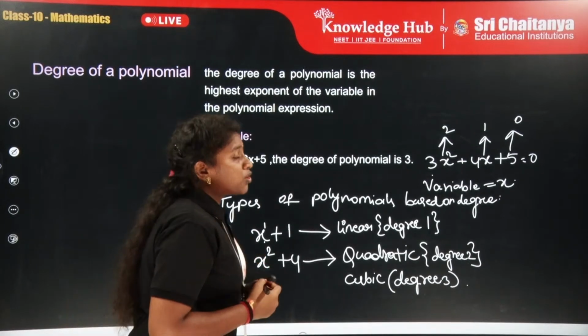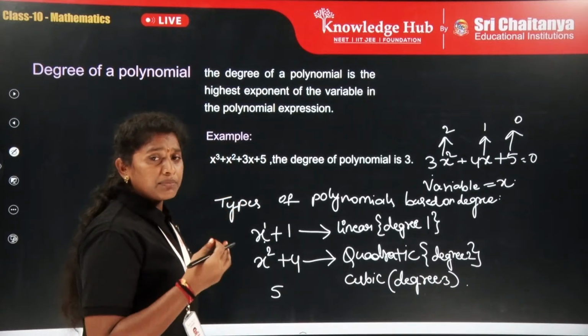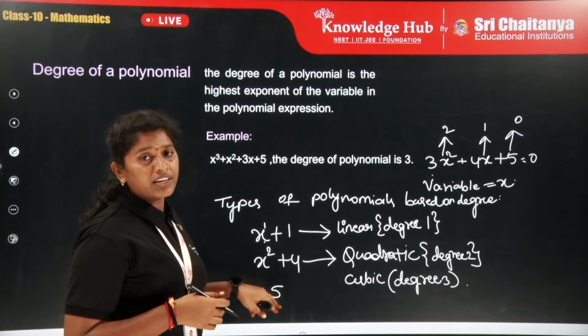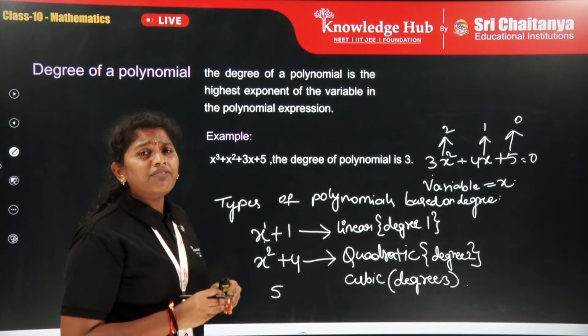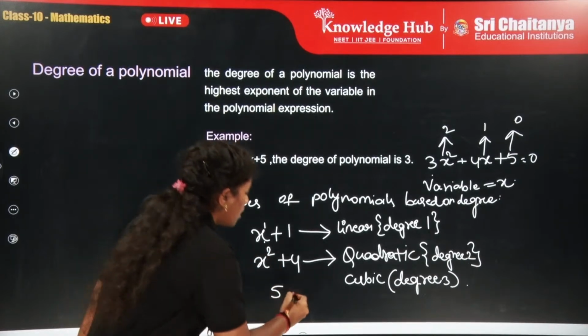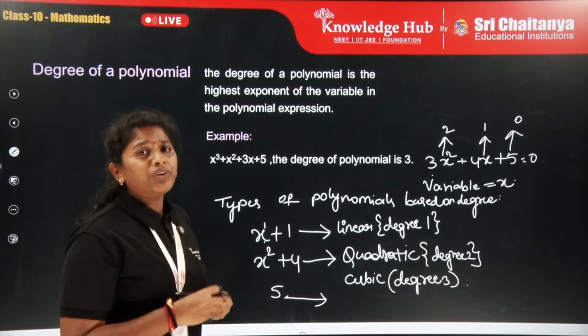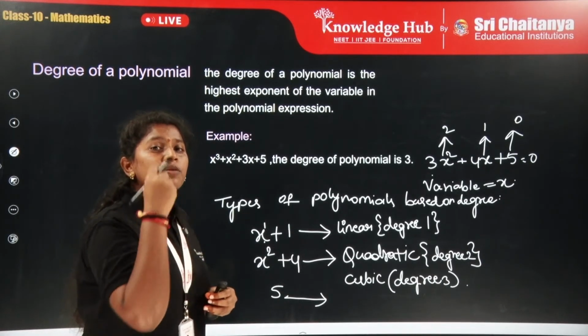Now what about the constant polynomial? A constant polynomial is nothing but any of the numbers. For example, if I am considering 5, which is a number and is not having any variable in it, it will become your constant polynomial. As I told you, we can write our constant polynomial as the coefficient of x to the power of 0.